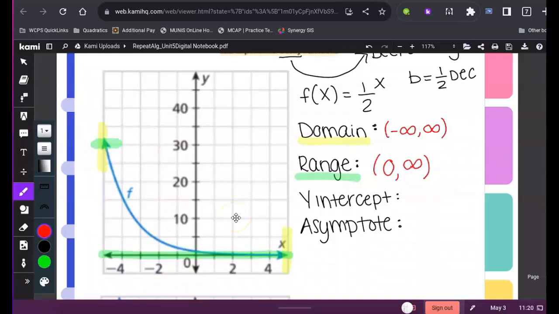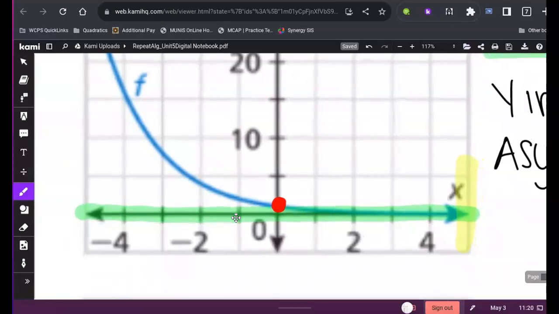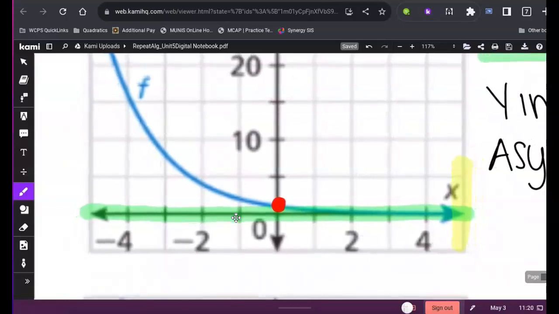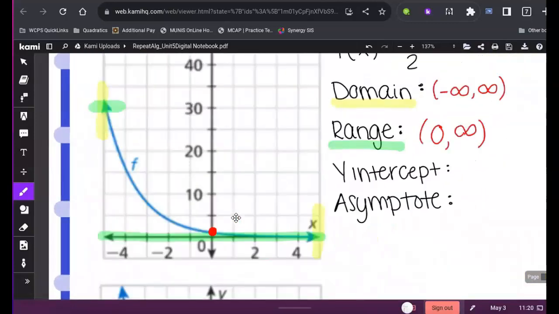Okay, we'll move on to the y-intercept next. The y-intercept is the point on my graph where it touches the y-axis. So we're going to go ahead and put a point right here on this graph where it touches the y-axis. And we're counting by 5s, so it's below 5. That would equal 1. So our y-intercept is the point (0, 1).